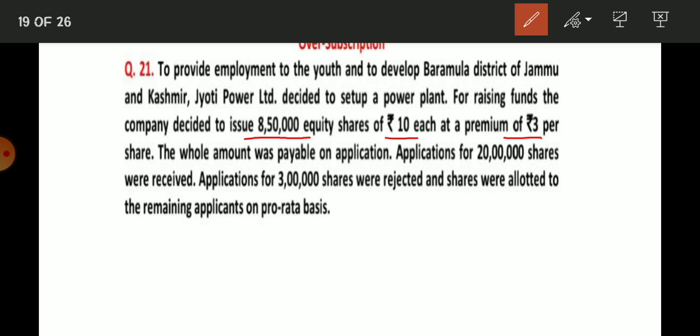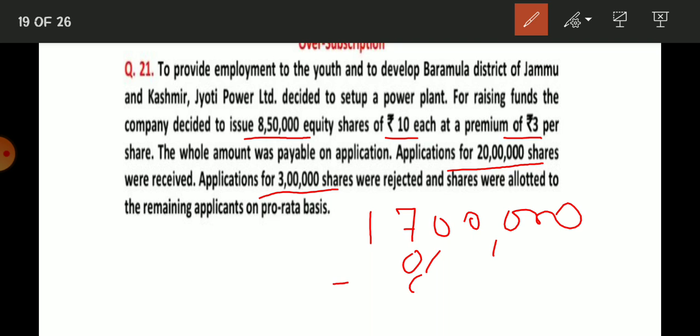It means the company has a good reputation, but they received 20 lakh share applications. They rejected 3 lakh shares, so they accepted 17 lakh applications, and it is very excessive.